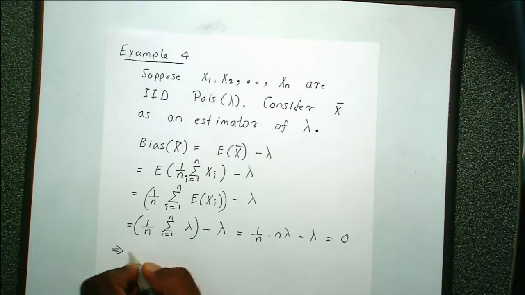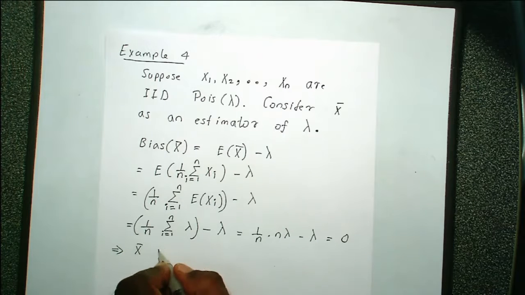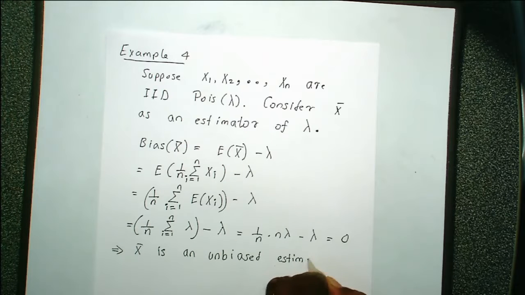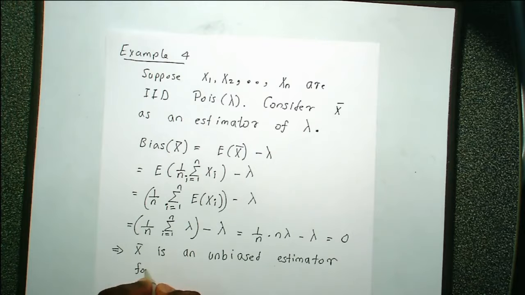So what you have here is an unbiased estimator for lambda. X bar is an unbiased estimator for lambda.